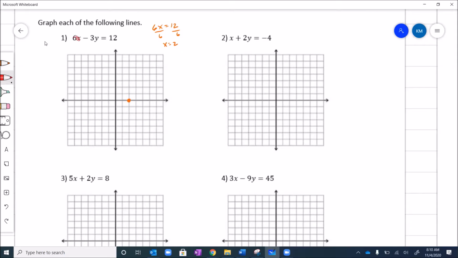Okay, we can do the same thing with our y-intercept. Remember, basically covering up the x and the number in front of it, but not the sign in front of y. Very important here because we have negative 3y equals 12. And then solving for y, we'll divide by negative 3, so y will equal negative 4. 1, 2, 3, 4.